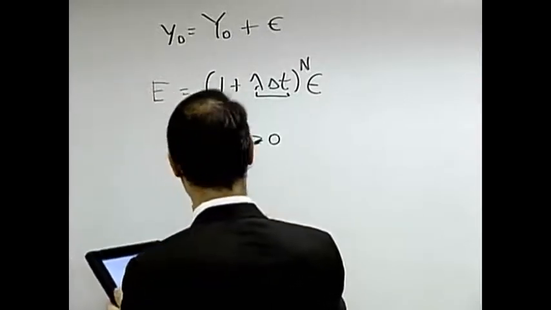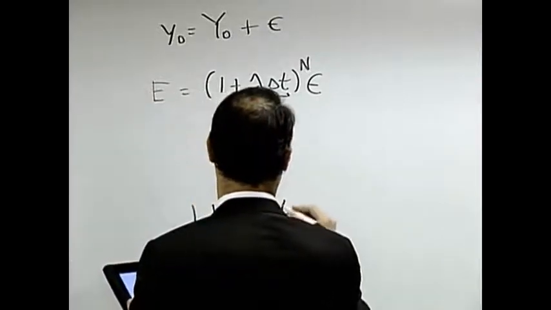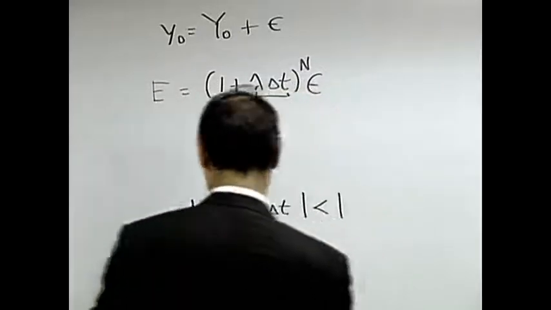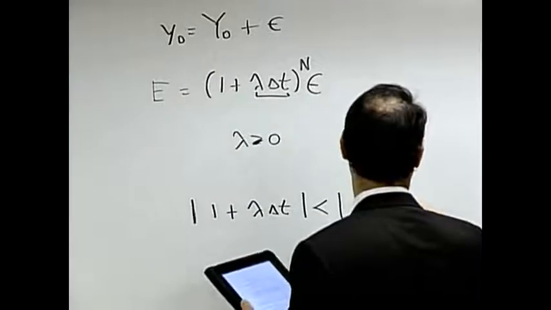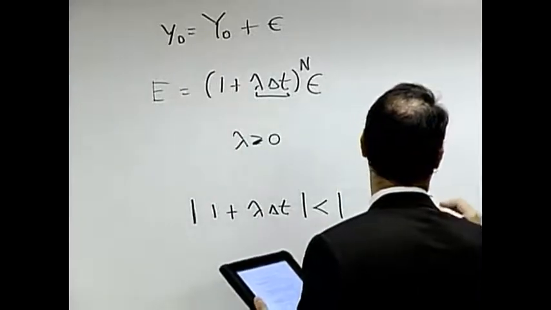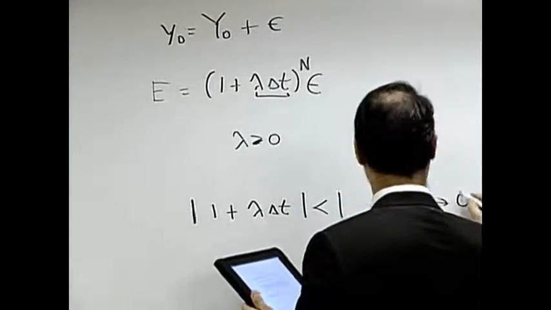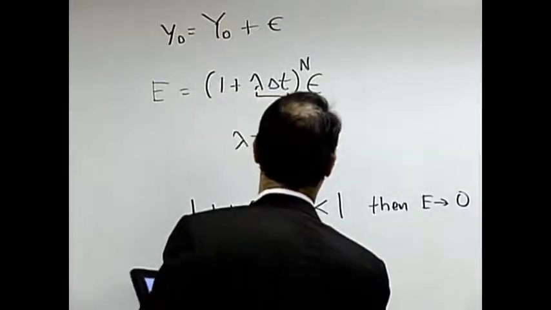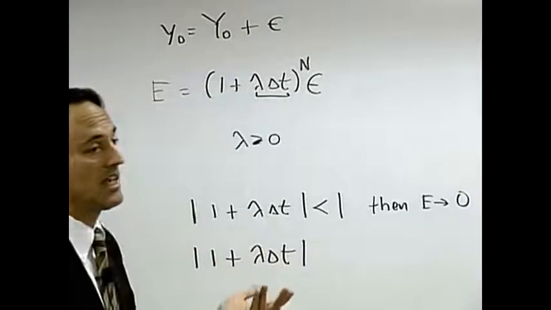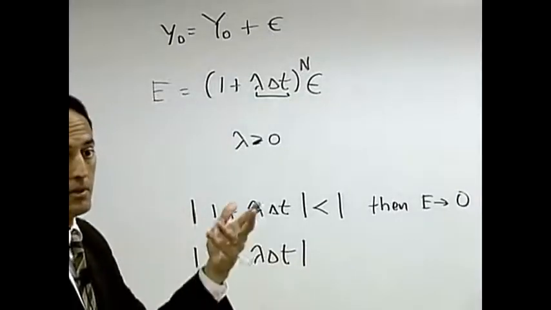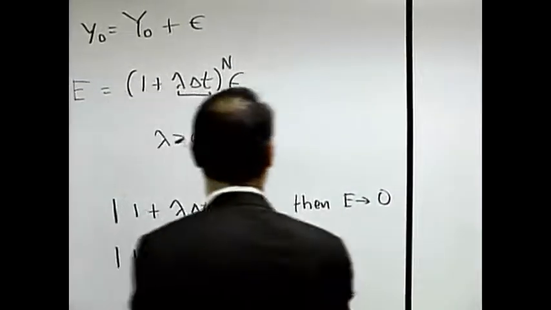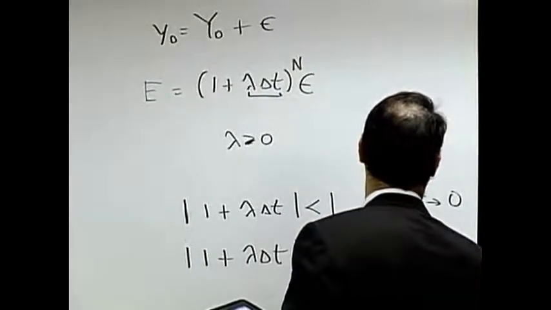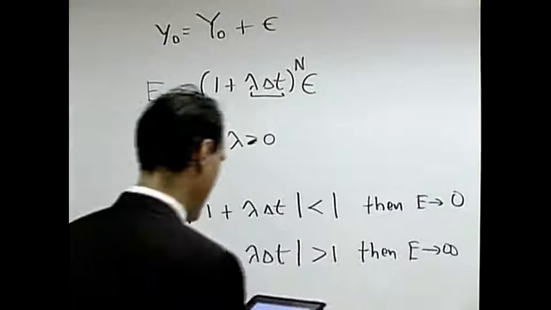So we have these two cases that are of interest here. If we look at the absolute value of that thing, if that thing is less than 1, then error goes to 0. If the absolute value of the thing is greater than 1, and now we're considering, instead of real lambdas, complex lambdas, where lambda can be some complex or imaginary number, we have these two cases. And here's how we think about schemes.